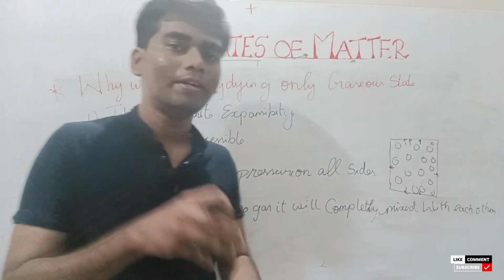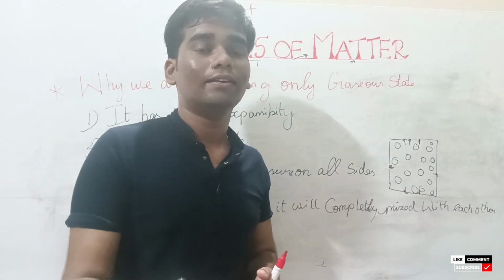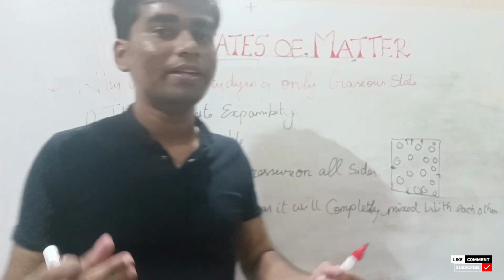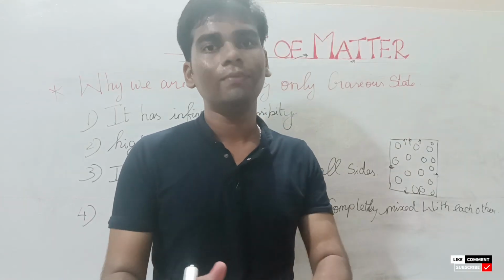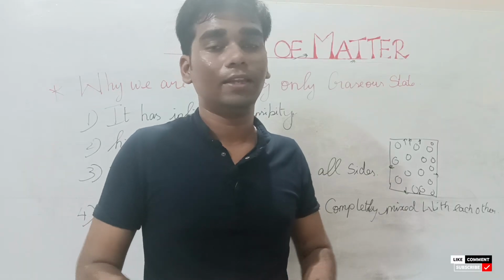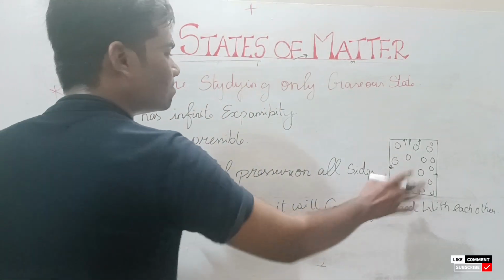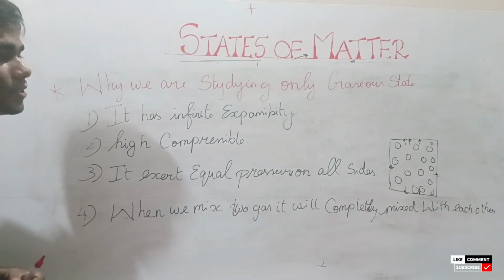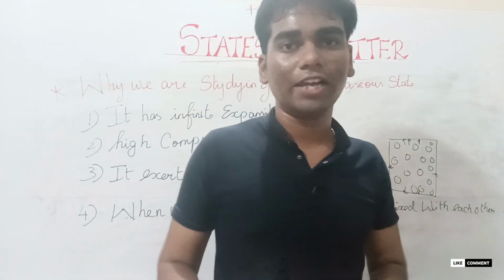Because if we mix two gases, they will mix completely and you will get a uniform mixture. You can't separate the two gases. For example, if you mix oxygen and carbon dioxide, it will appear to you like a single gas. It won't show any difference between them. So we can say the gases are evenly mixed with each other. So these are the four things which make us study the gaseous state in a very elaborate manner.